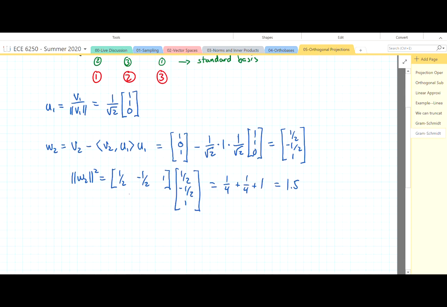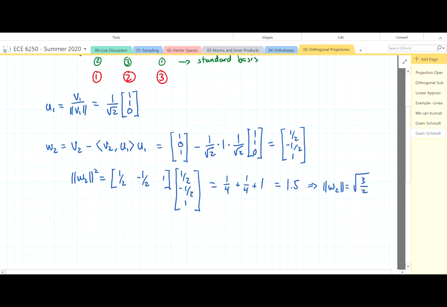So the norm of W2 is going to be the square root of 1.5, which is the square root of 3 over 2.